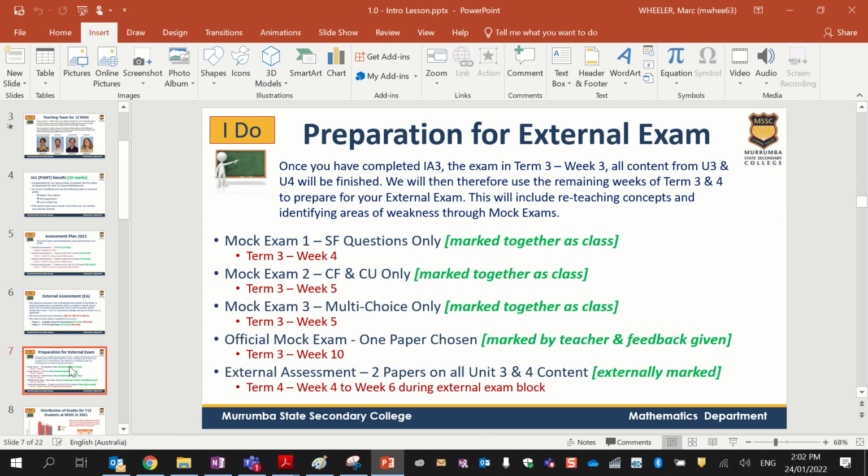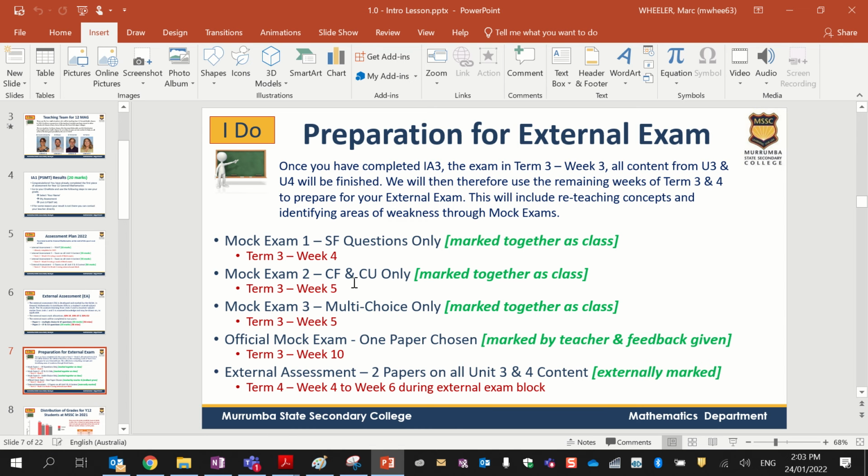Okay, to prepare for the external exam, once we've finished all of the IAs, internal assessments, so once we've done number 3, which is in the block exam in term 3, week 3, all the content from Unit 3 and 4 will then be finished. So for the rest of the year, basically from week 4 onwards in term 3, we're going to be able to just start preparing you for the external exam.